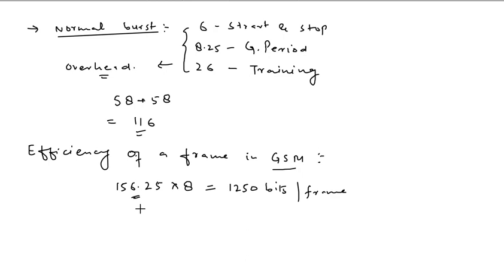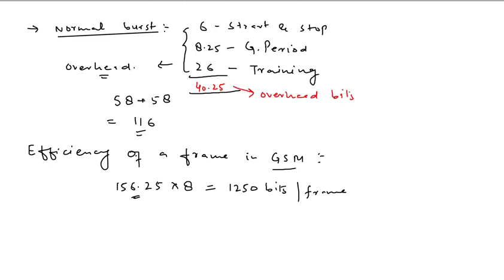Out of these 1250 bits, we have some overhead as well. So the overhead in one time slot is given here: you have 26 and 6, that is 32, and 8.25, that is 40.25 overhead bits.